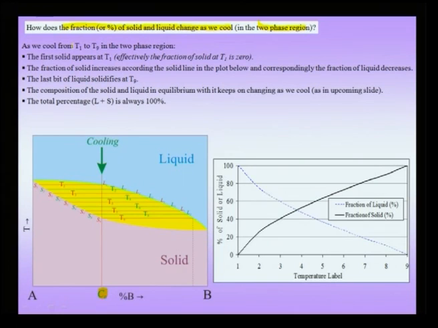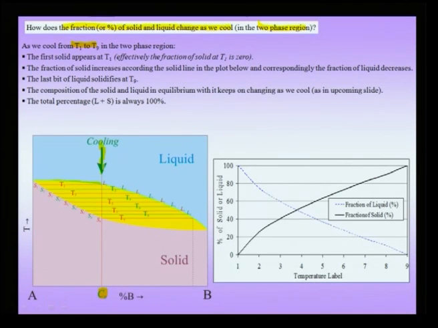Now, I choose some 9 temperatures, T1 to T9, T1 being the highest temperature and T9 being the lowest temperature. That means at T1 the first solid begins to form. As I am cooling from high temperatures, I note that there is pure liquid and the composition of that liquid is C0, and that liquid has both components A and B in it.